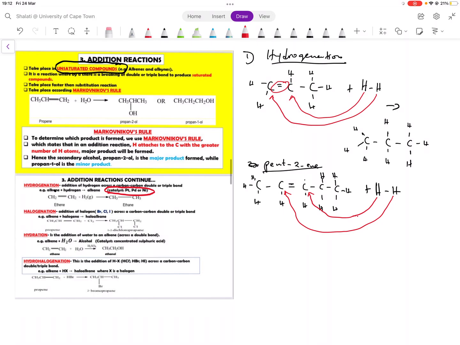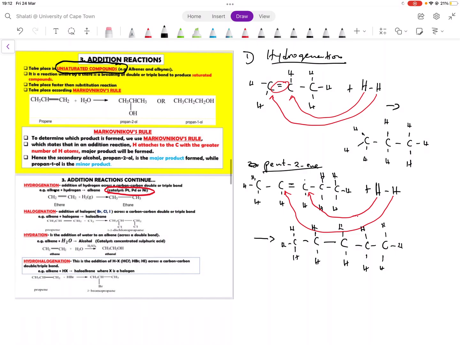So in your product, the first carbon has 3, the second one had 1, but now it has another hydrogen to make 2, same as the third one. That is exactly what's happening. You start with the pentene, you end up with a pentane, from alkene to alkane. This is very nice and simple.